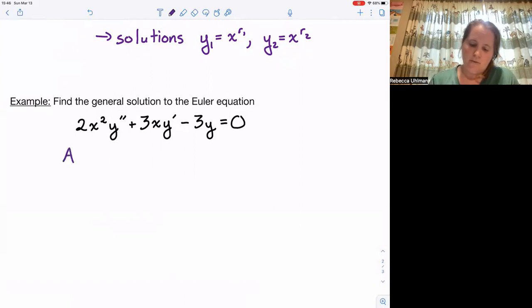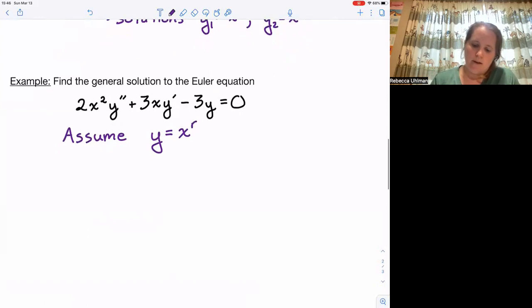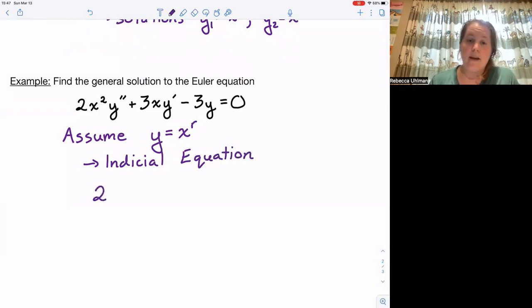So if we assume that y is equal to x to the r, we wind up getting the indicial equation: 2 is our a, times r times r minus 1, plus 3 times r minus 3 equals 0.